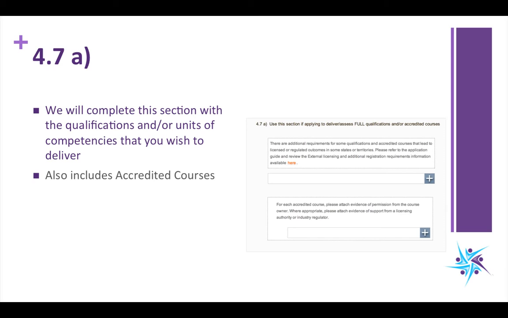The audit can be quite stressful for our clients. We make it easier by having our experts there with you at audit, but in order to minimise that, we recommend a smaller amount of qualifications, because not only do you have to have the assessment tools and the training materials for all those qualifications, you've also got to have all of your training equipment.